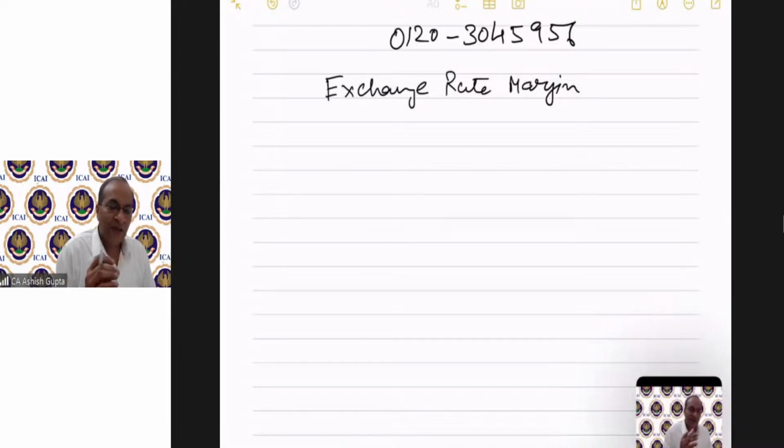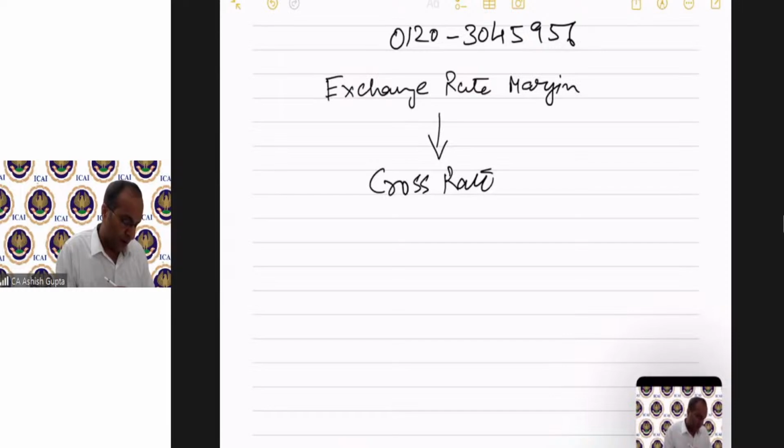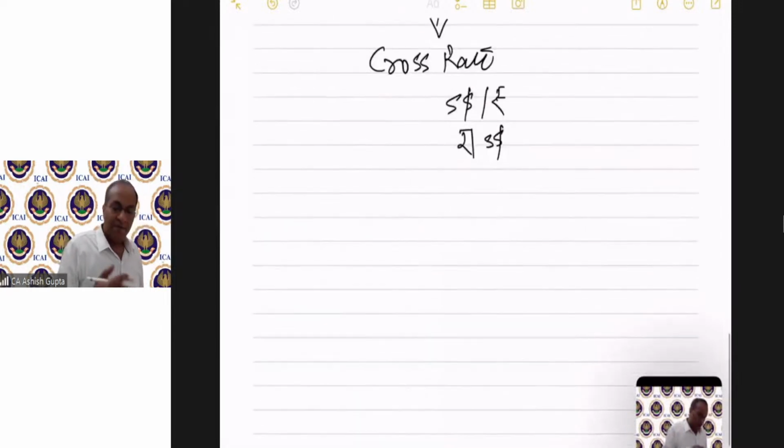Another very genuine question that rises in the minds of students is regarding exchange rate margin adjustment, especially in the calculation of cross rates. Suppose we have to buy or sell some Singapore dollars against Indian rupees. If we are doing a purchase, we have to compute the cross rate.